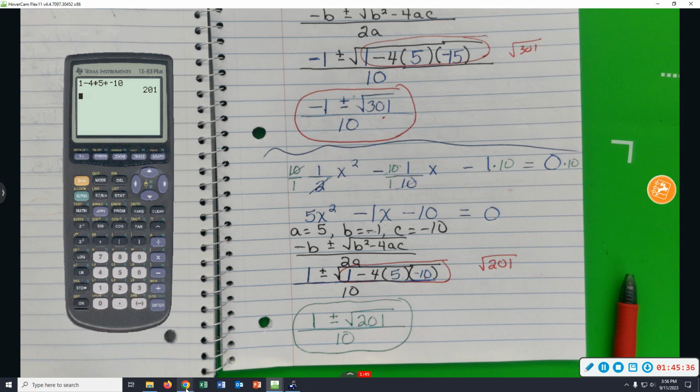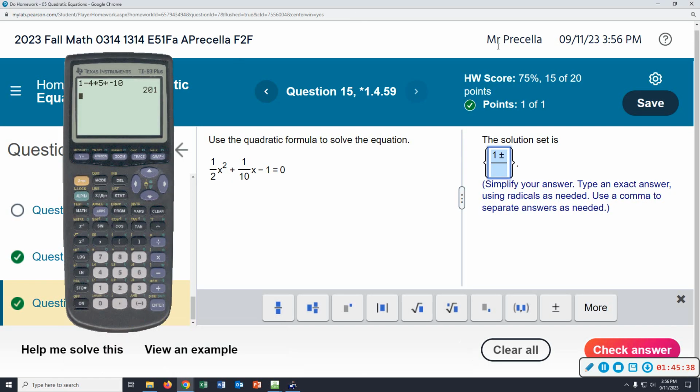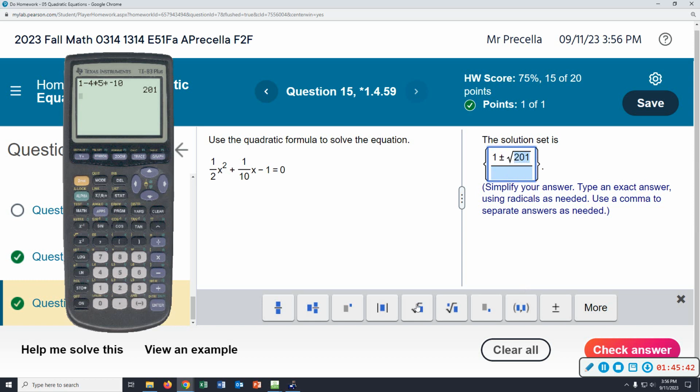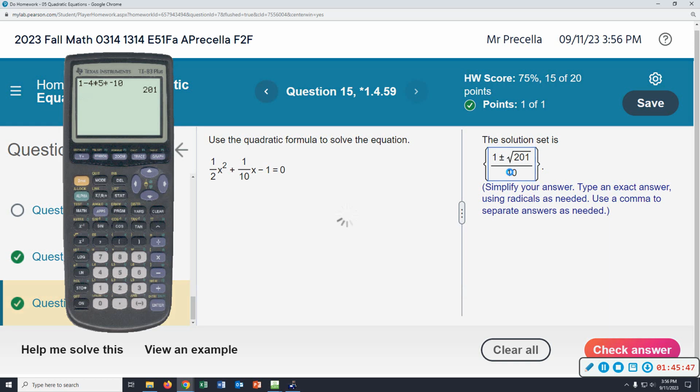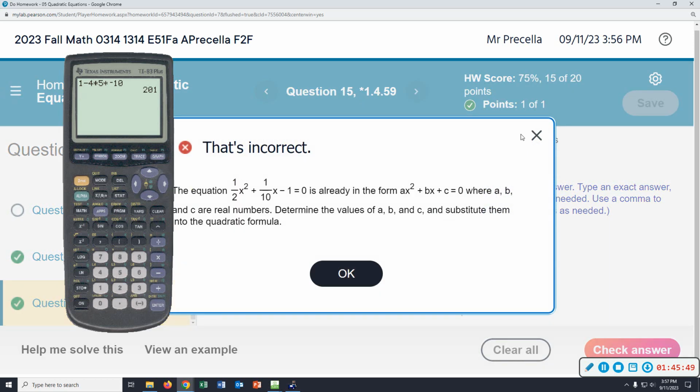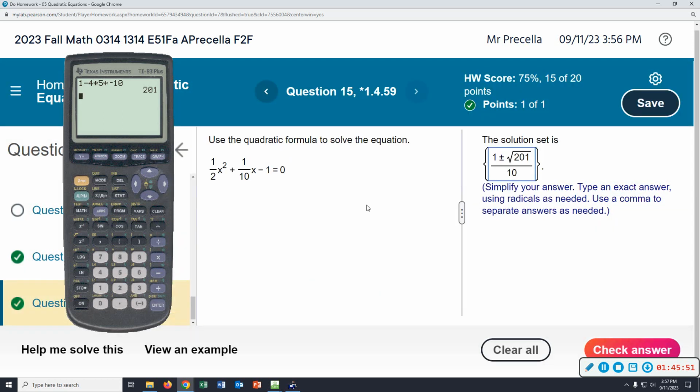Did you type that in just so that they'll be confident we got the right answer? 1 plus or minus the square root of 201 all over 2. Uh-oh, what did I do wrong?